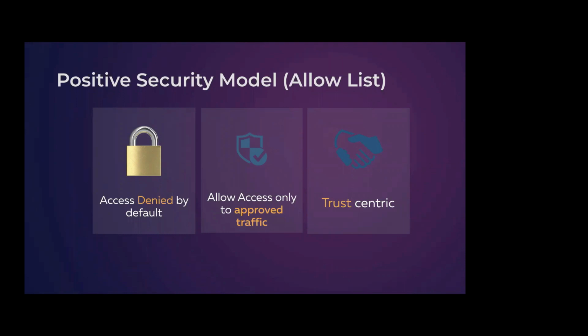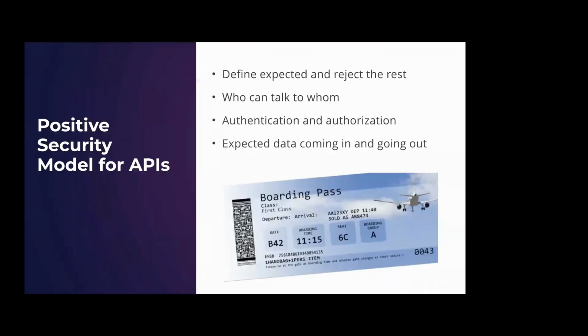In the API world, it is possible, thanks to this OpenAPI description, we can actually do that. And there is OpenAPI, there's AsyncAPI, there are standards which allow us to really describe what an API does, right? And that is going to give us that security as code and this positive security model.